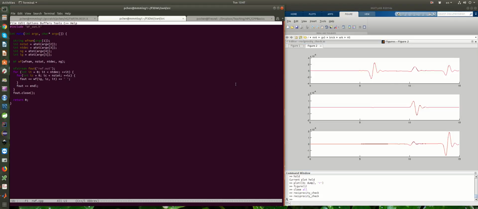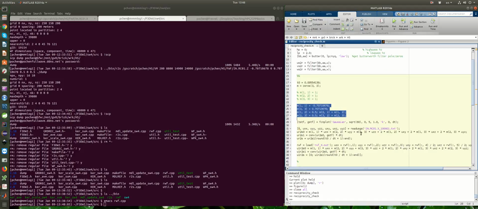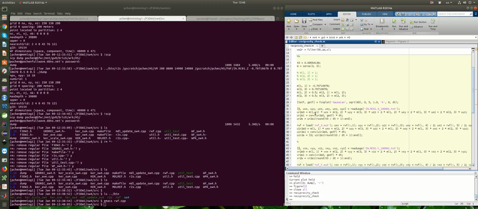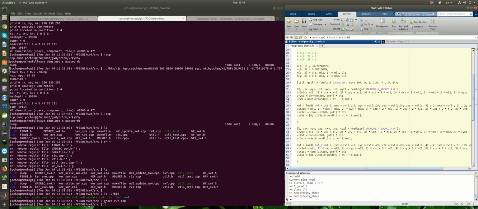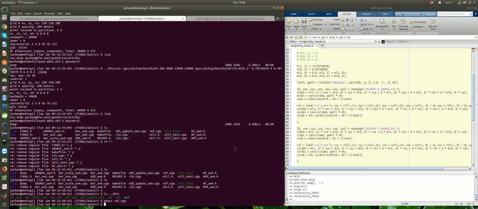And then the last thing for this video is about a code for computing the synthetic seismograms. Here I'm computing the synthetic seismograms from receiver Green tensors inside of a MATLAB script, but I have a binary for doing that.